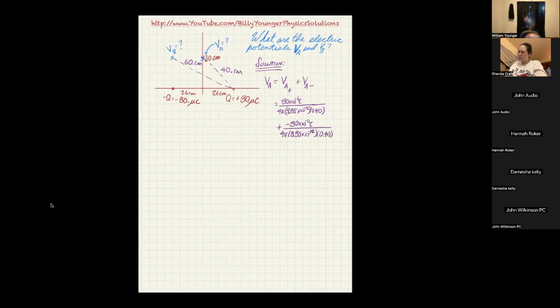So you can see no matter what, the top number and the bottom number in this addition are equal to each other, but opposite in sign. So the voltage V_A is equal to 0. Our first answer is V at A is equal to 0 volts.